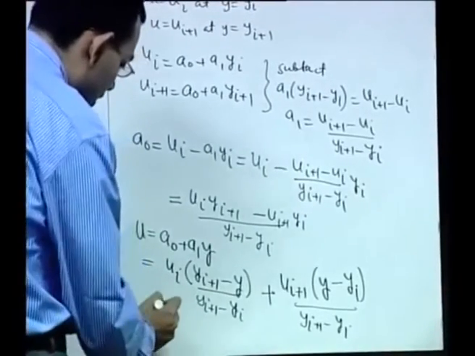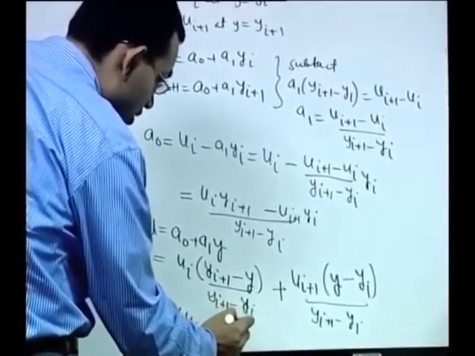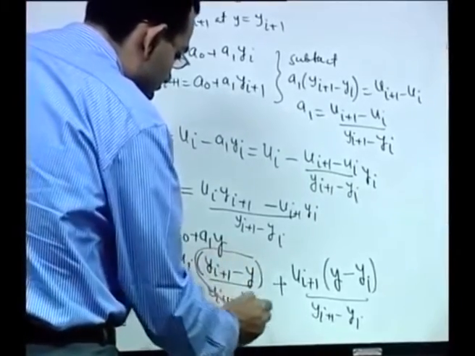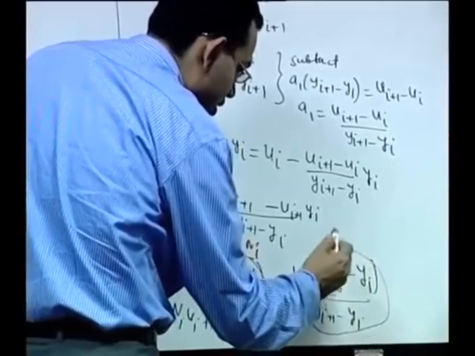If we call this N_i u_i plus N_{i+1} u_{i+1}, then obviously this is N_i and this is N_{i+1}.